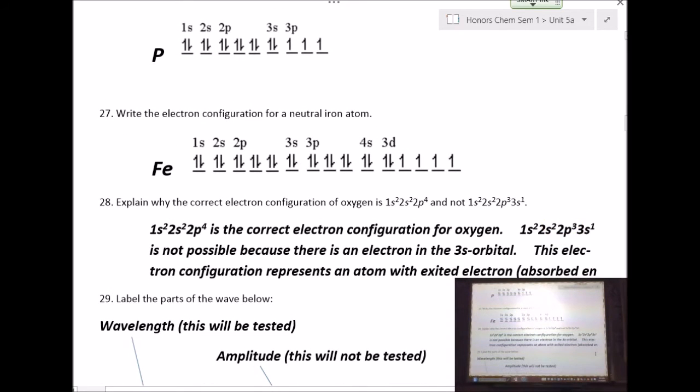Looking at 28, explain why the correct electron configuration of oxygen is 1s2, 2s2, 2p4, and not 1s2, 2s2, 2p3, 3s1. That's hard to say. In that case, this is like giving everybody their own room in the 2p and the 3s. We have to fill up the orbitals before we can move on to the next energy level or next set of orbitals. Is that what you're going to say, Julian?